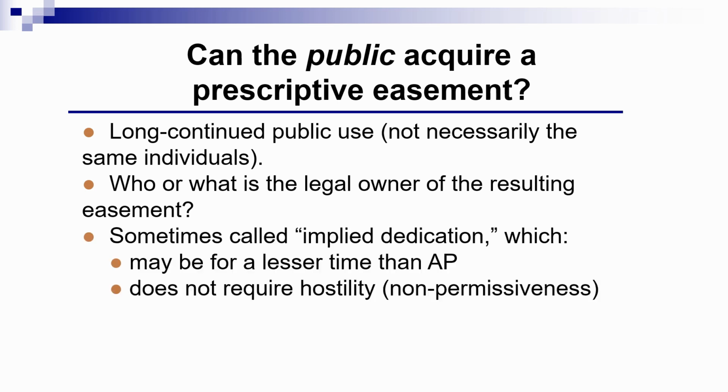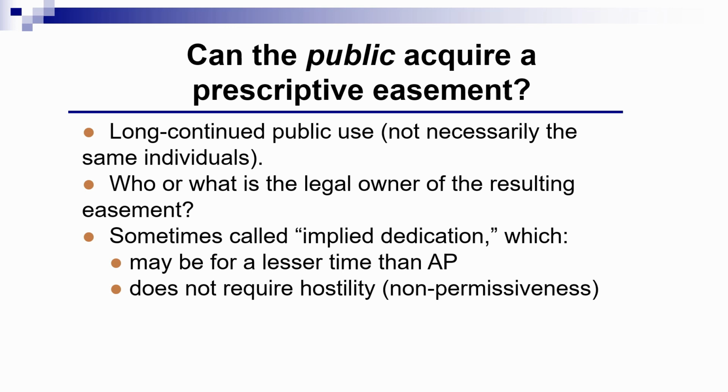Now, in addition to a prescriptive easement theory, a public use might also give rise to something called an implied dedication, which can also give an easement to the public body. Why would it make any difference if the court used a prescriptive easement theory or an implied dedication theory?